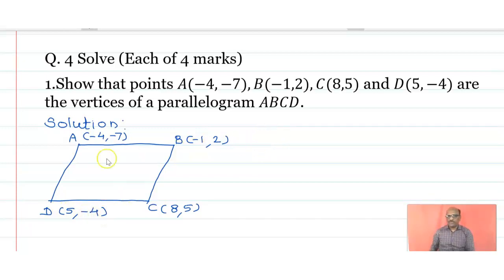Now here we will find out the slope. We will find the slope of AB and CD. If both are equal, then AB is parallel to CD.